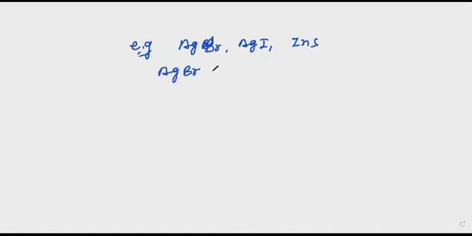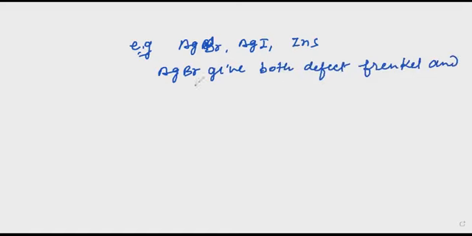AgBr gives both defects, Frenkel and Schottky. Due to there being less difference in size in AgBr, it also gives the Schottky defect.